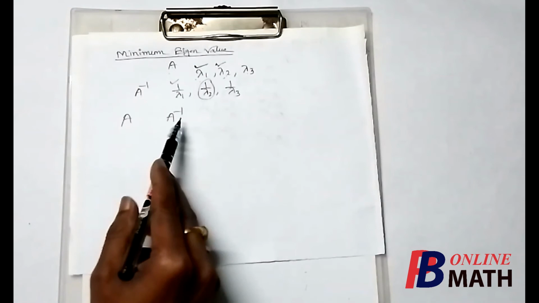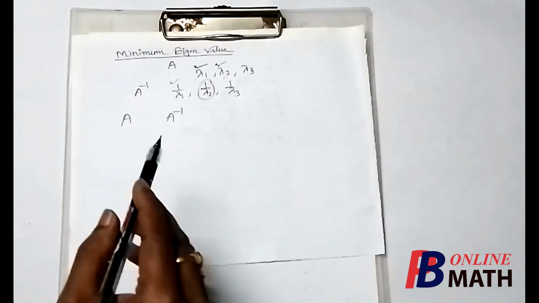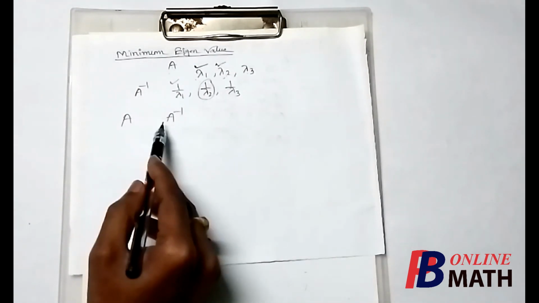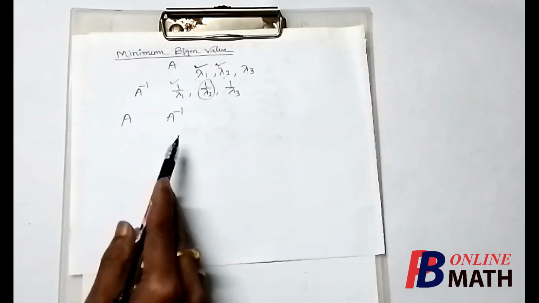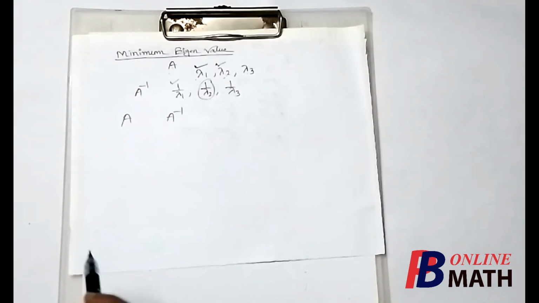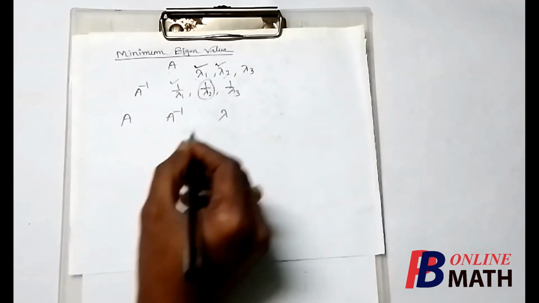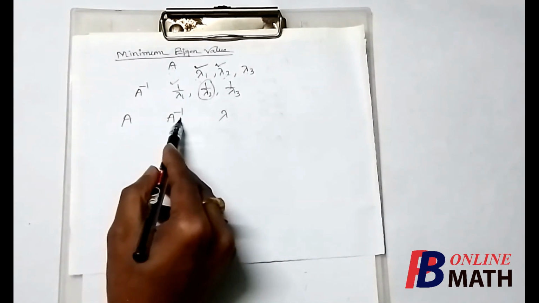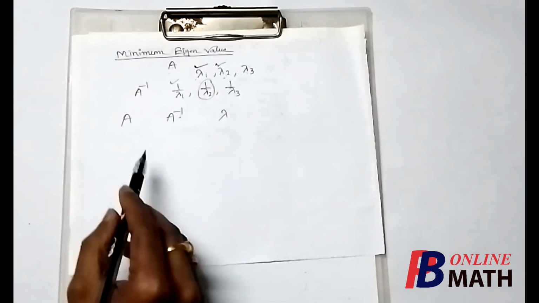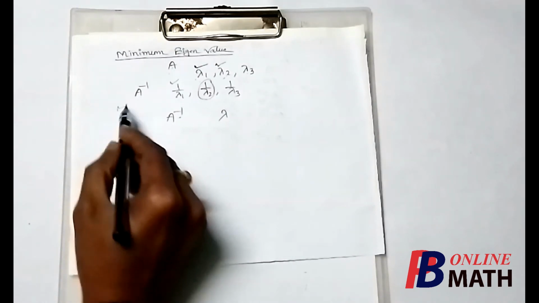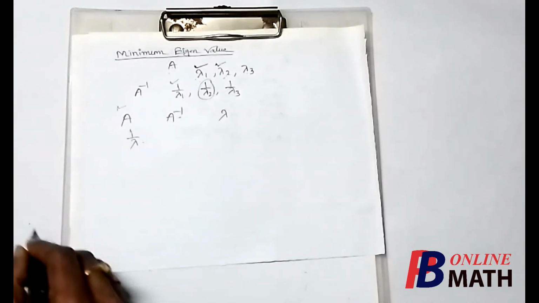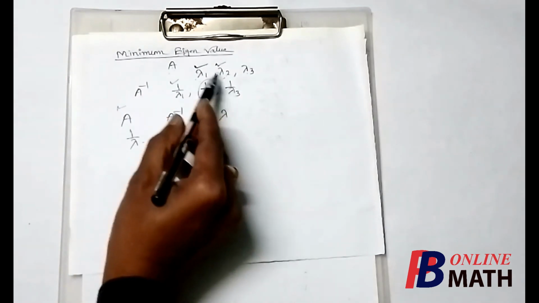Once A inverse is found, we shall apply the power method on A inverse to find the maximum eigenvalue of A inverse. If lambda is the maximum eigenvalue of A inverse, then the corresponding minimum eigenvalue of A will be 1 by lambda. This can be found by using this property.